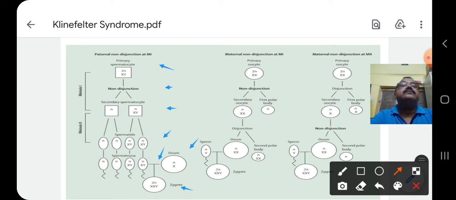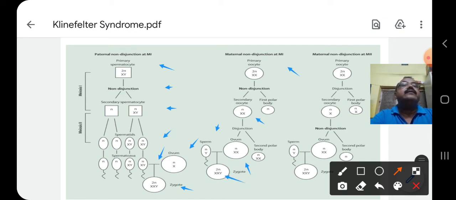Here this is the maternal non-disjunction at meiosis 1. Here the female gamete is produced with XX chromosomes, and when it unites with the normal male gamete having a Y chromosome, the XXY condition results.